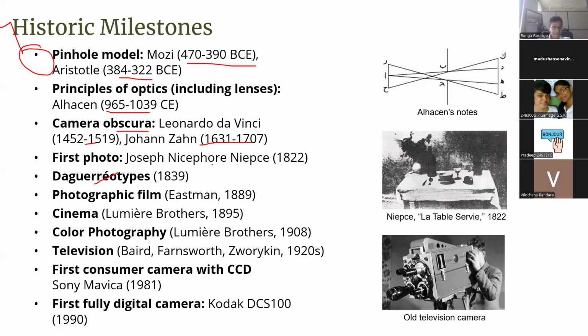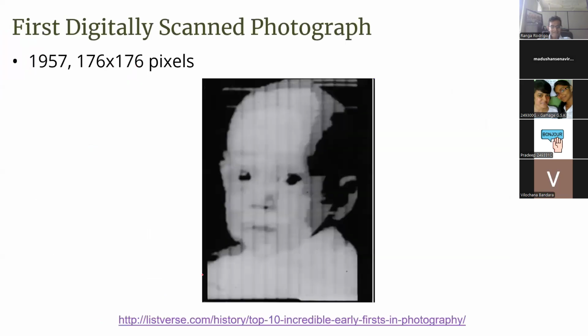First photograph, 1822. Photography film, 1889. Cinema, 1895. Color photography, 1908. Television, 1920s. First consumer camera with CCD, Sony. First digital camera, Kodak.